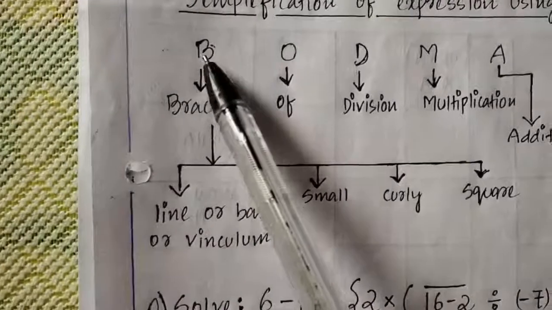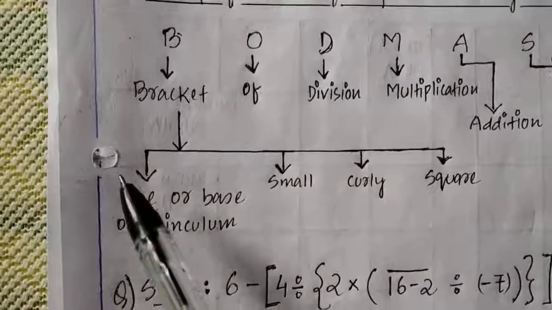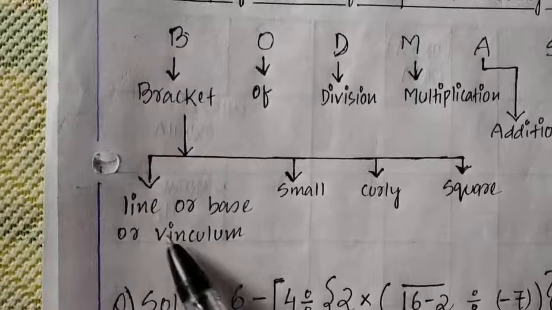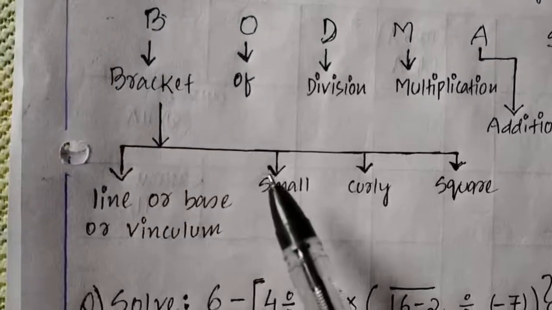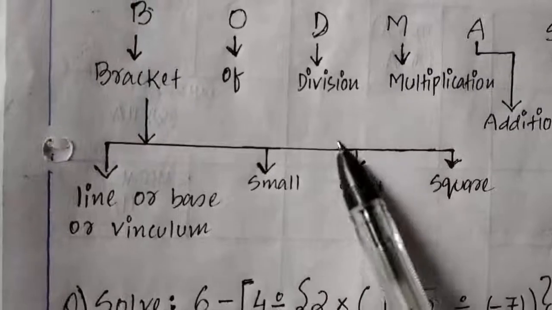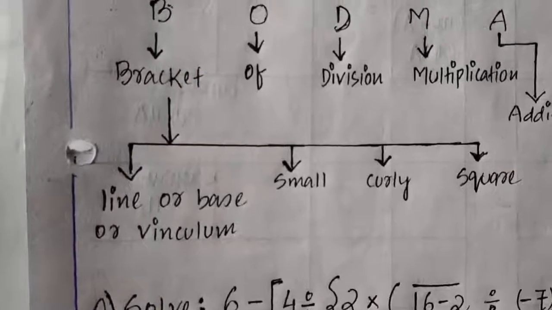Now, we have four types of bracket. The first one is your line or bar or vinculum bracket. The second one is your small bracket. The third one is your curly bracket, and the fourth one is your square bracket.